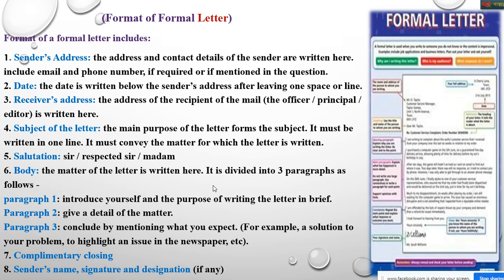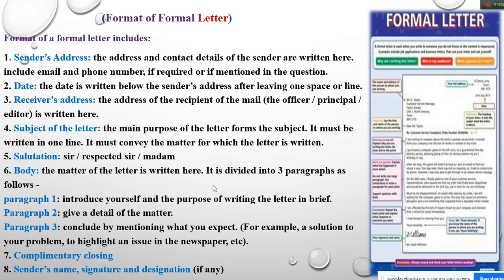And then receiver's address. The address of the recipient, the officer, principal, is written here. Then the subject of the letter, then salutation, then body. In the body, the matter of the letter is written here. I mean, the description is written here. It is divided into 3 paragraphs as follows.